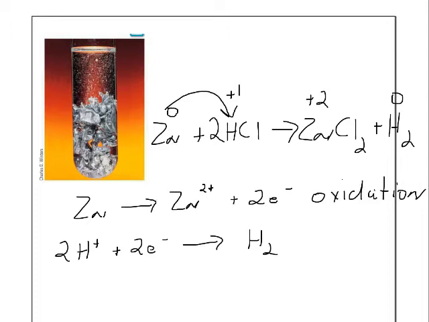And then on the second equation, what we have is something that is decreasing in oxidation number, gaining electrons, and that's called reduction. And you also will notice that you're always going to have both of these reactions taking place. You can't have oxidation without reduction because the electrons have to come from somewhere. So usually these kinds of reactions are referred to together for short as redox, which is short for oxidation reduction.